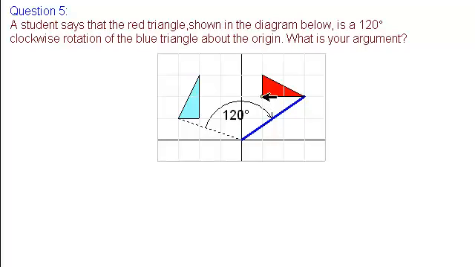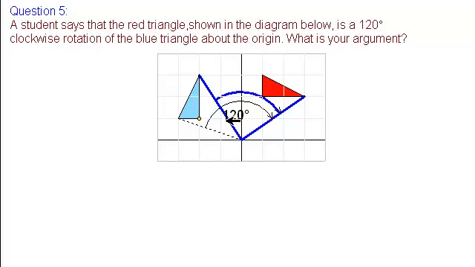So let us see what happens if I rotate this triangle, though I am rotating counterclockwise, but it's okay. This triangle sits on top of the blue triangle. So there is a rotation, that is true, but whether it is 120 degrees or otherwise.